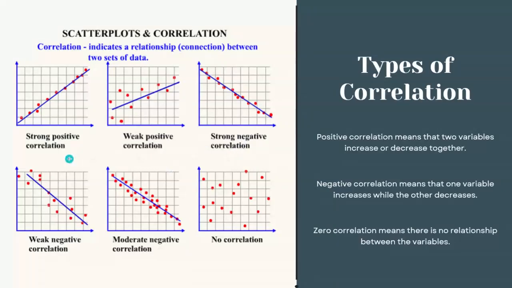At the top here on the left, we have a strong positive correlation. First of all, you can see that it's positive because the line is going upwards. Whenever the data is grouped together and trends from the bottom left-hand side of a graph up towards the top right-hand side, that is a positive relationship.